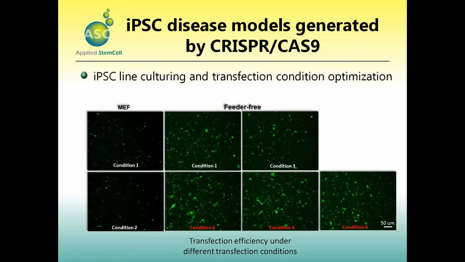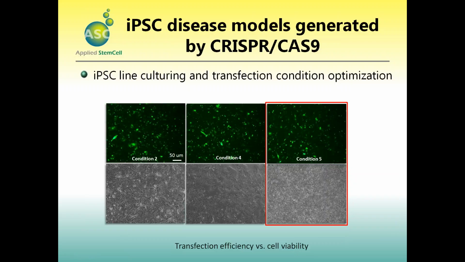So we determined that feeder-free system is better compared to feeder-based systems. Then we compared 5 different transfection conditions in the feeder-free systems. Among these 5 conditions, conditions 2, 4, and 5 were identified as better transfection conditions for further evaluation.